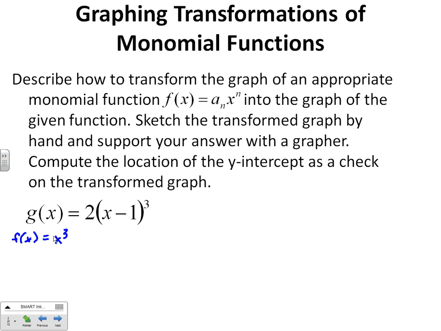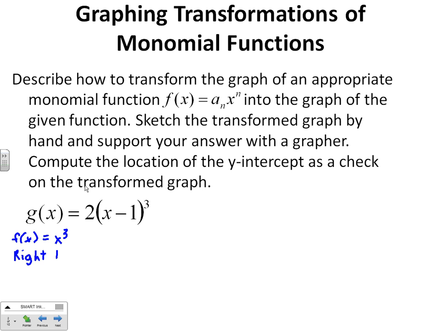Then it wants us to describe the transformation that's being done to x cubed. Well, inside of here, this -1, because it's inside my parentheses, means I'm going right 1. So I'm shifting my graph of x cubed right 1.